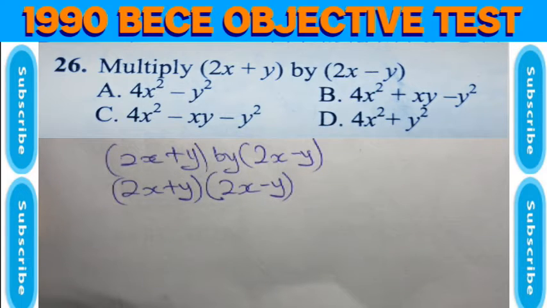With difference of two squares, the expression over here is the same as the expression over here, and this expression is the same as this. The only thing that changes will be their operation.